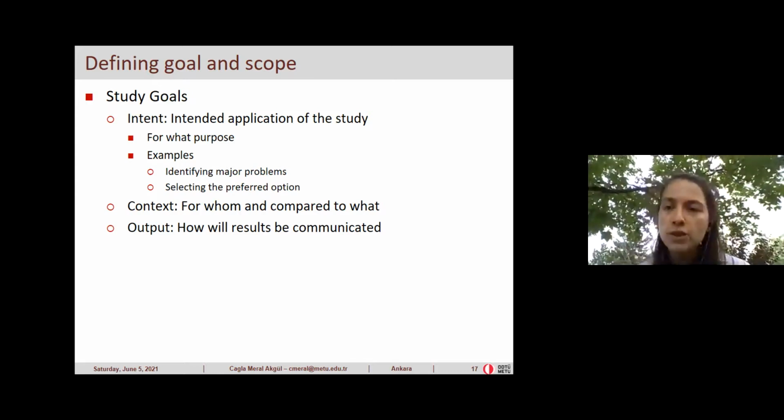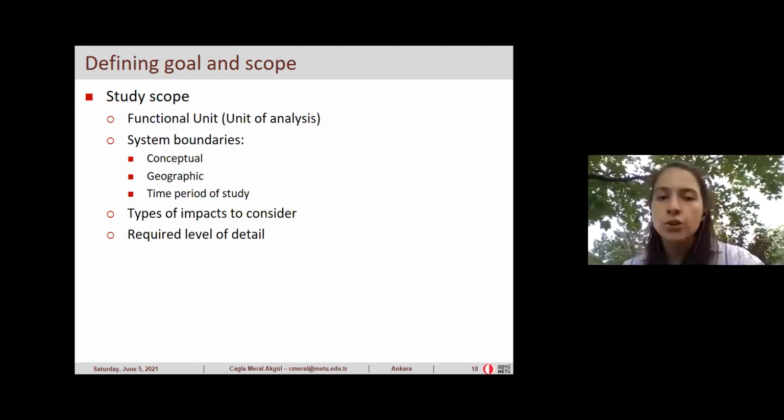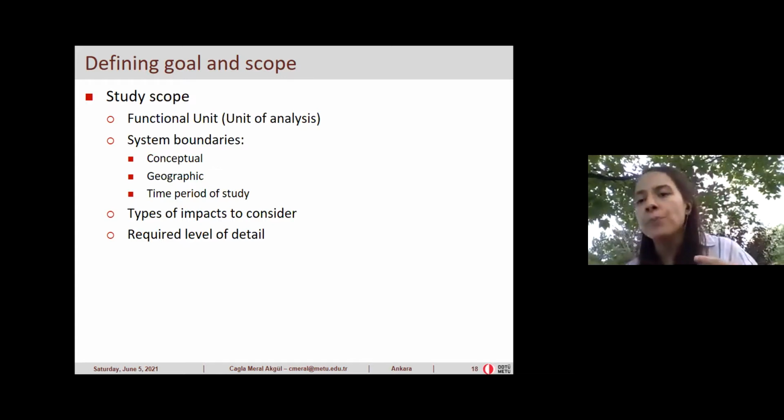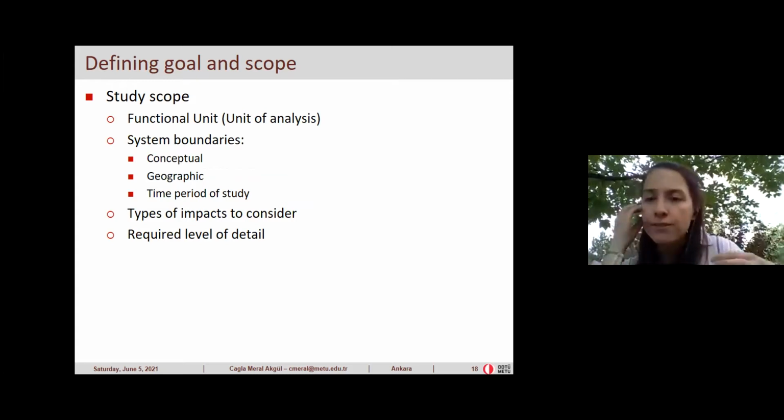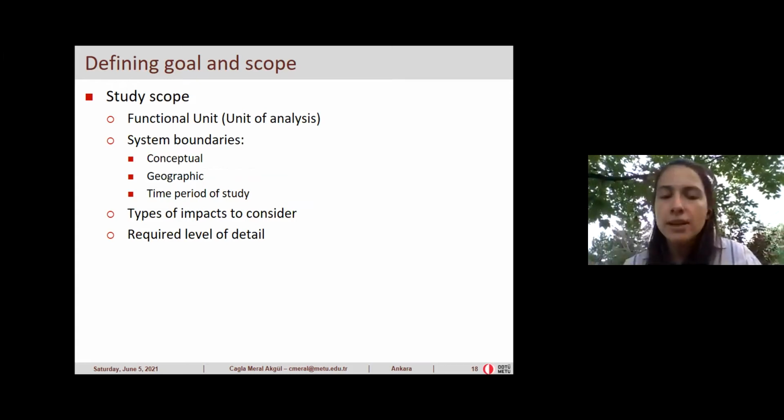The first thing you need to determine is your functional unit. Is it 1 meter cube of material? Is it 1 ton of material? Is it 1 package of material? For example, 1 bag of cement, or 10 kilos of cement, or 1 meter cube of cement. These are all different functional units. Then I need to define my system boundaries.